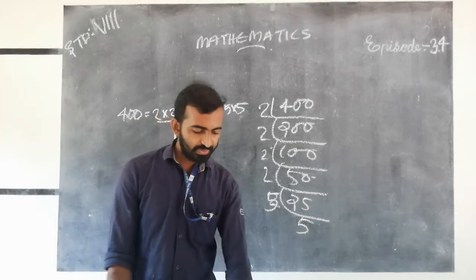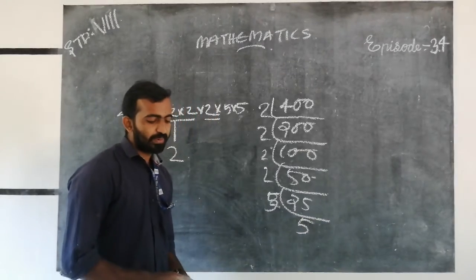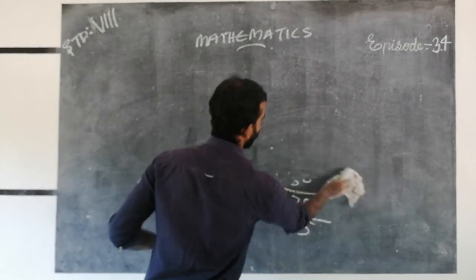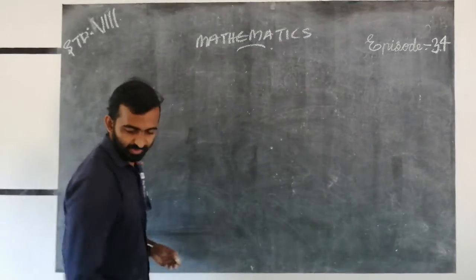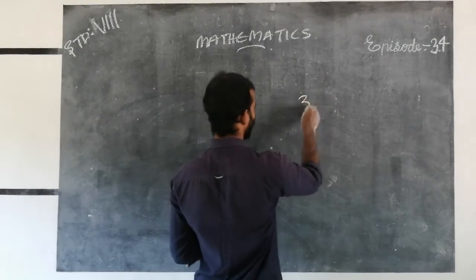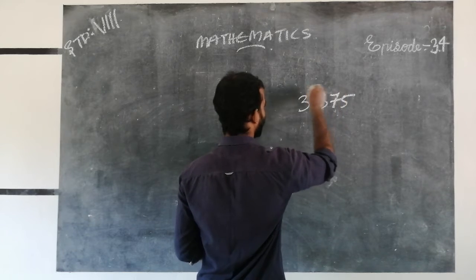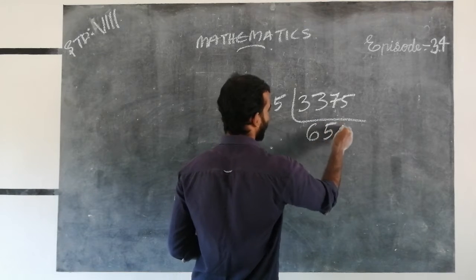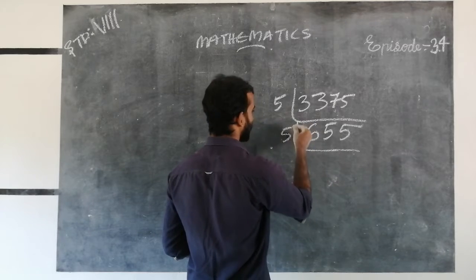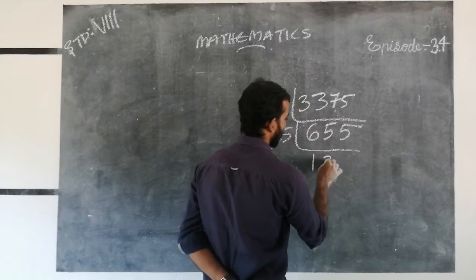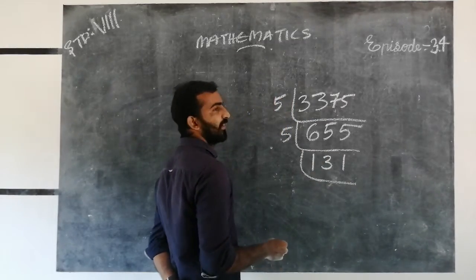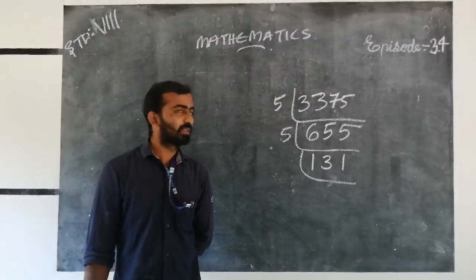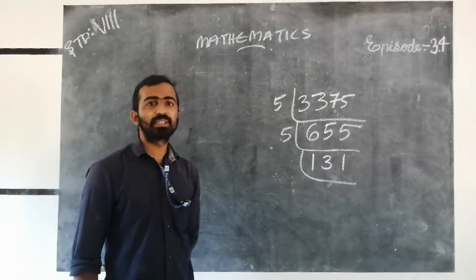What is our next question? 3375. This 5, that is 675, 5, 5, and so 5 and 135, and next, which number can we take? Can we take 3?